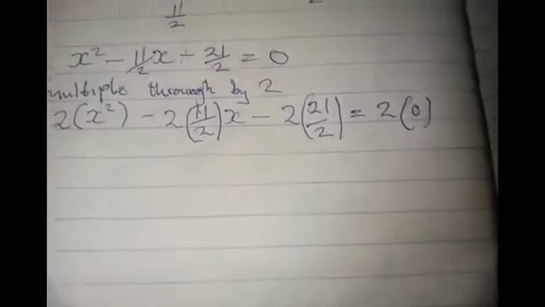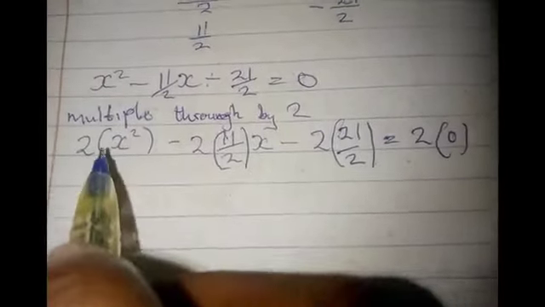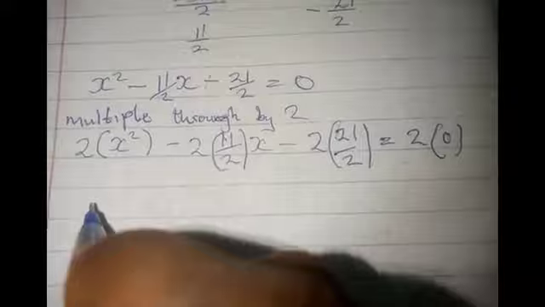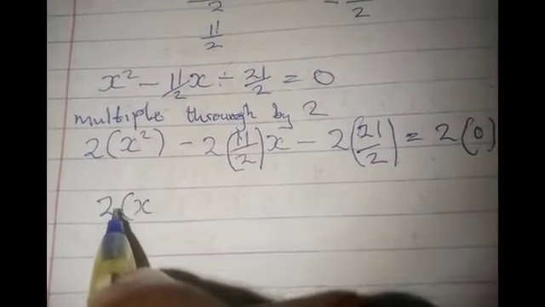When you're solving an equation, what you do to the left hand side, you do to the right hand side. So now 2 multiplied by x squared is going to give us 2x squared.